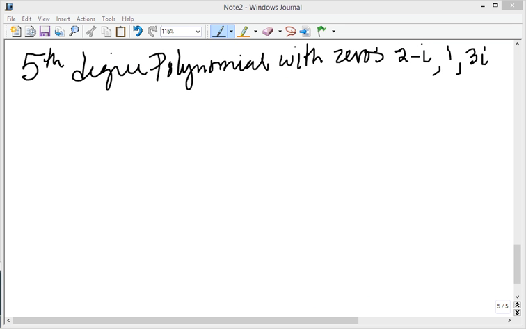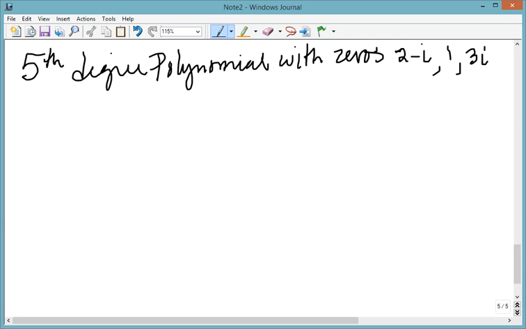We'll do one more. I'm not going to multiply it all out this time, but we'll just write down the factors. This time I want a 5th degree polynomial with these zeros. So the ones that are imaginary, we have to have a conjugate with them, right? So if 2 minus i is a 0, then 2 plus i is also 0. If 3i is a 0, then negative 3i is also 0.